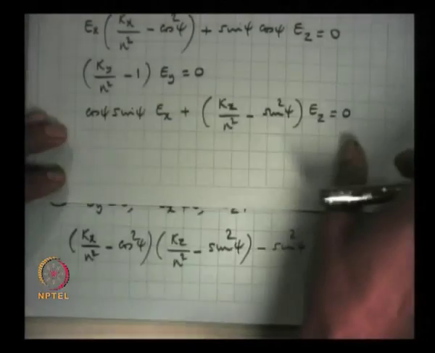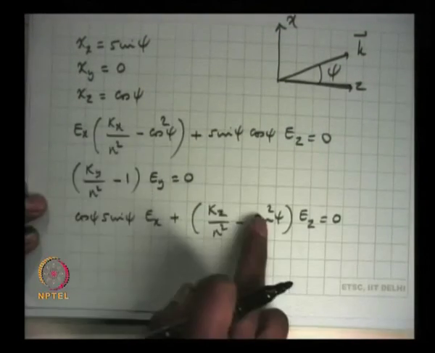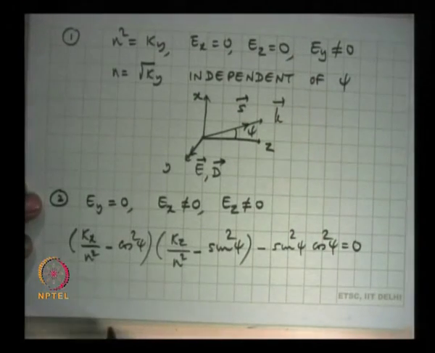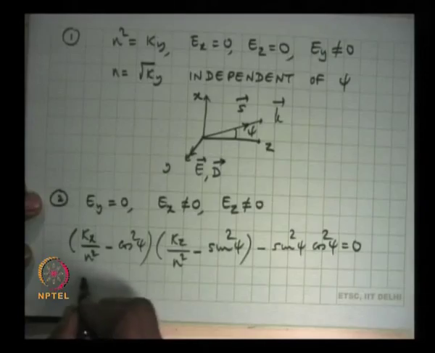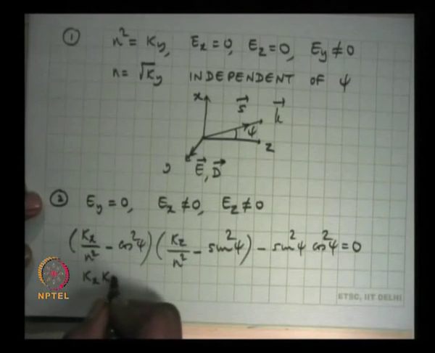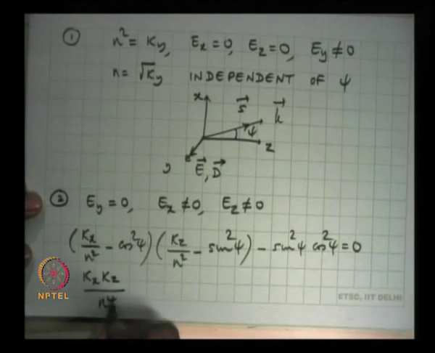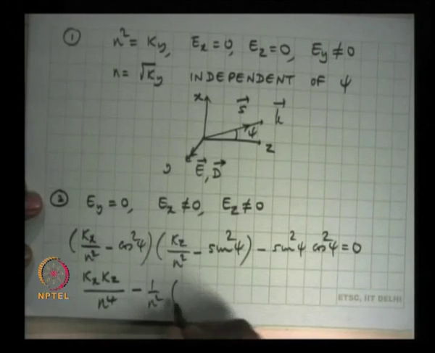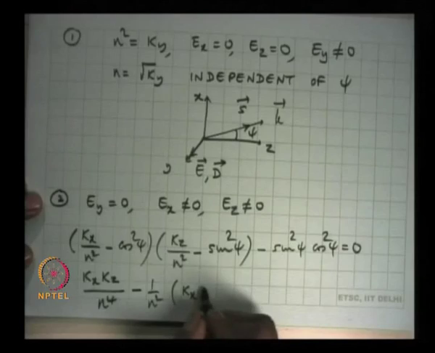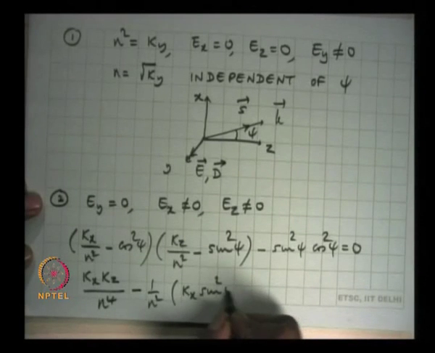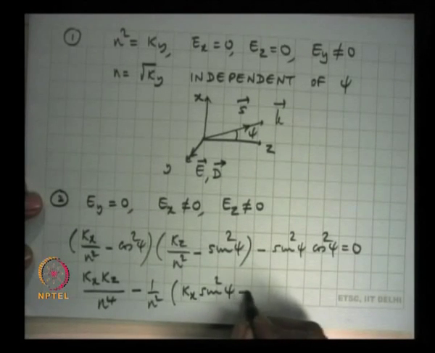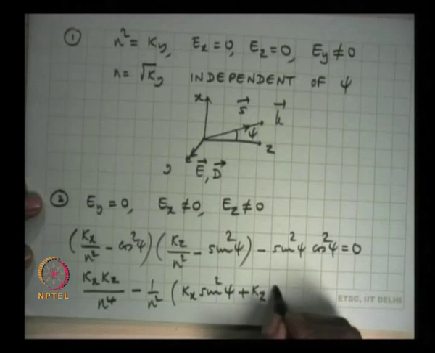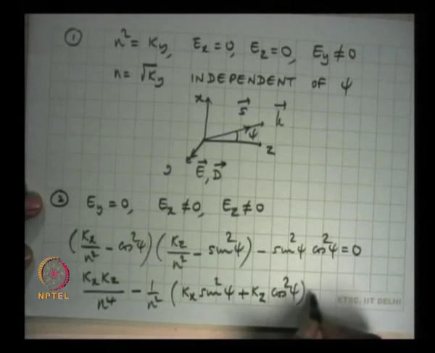So, the determinant is essentially this into this minus this into this must be equal to 0, and so I open up the brackets and I get k x k z by n 4 minus 1 by n square into (k x sin square psi plus k z cos square psi) is equal to 0.